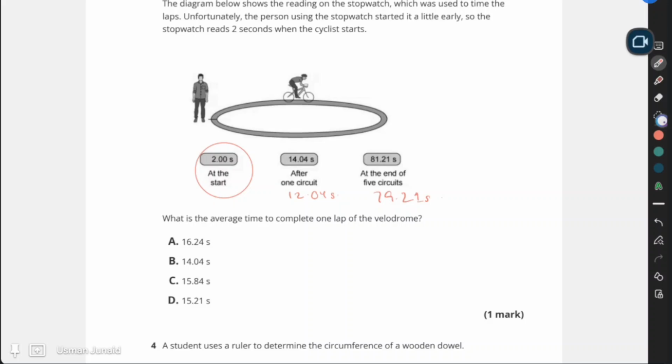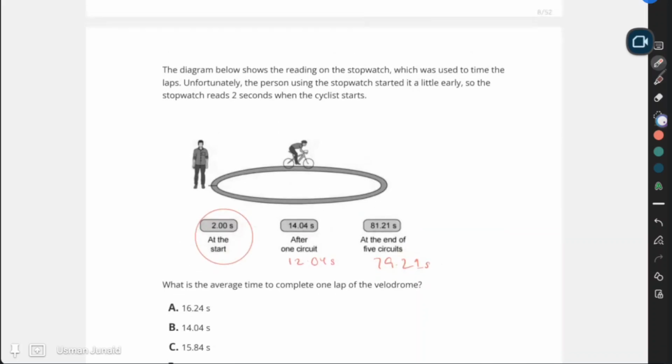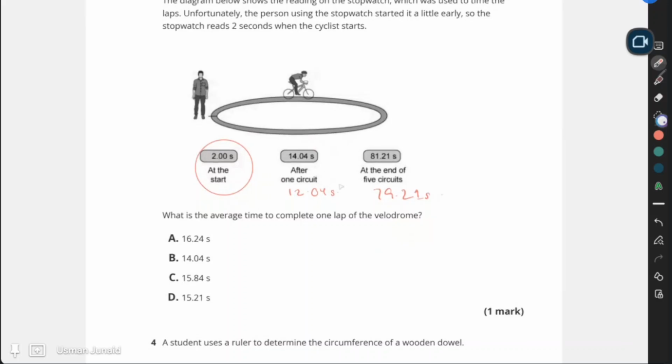What is the average time to complete one lap of the velodrome? So you have 79.21 and you have 12.04 as well, right? So can you divide this by 5?